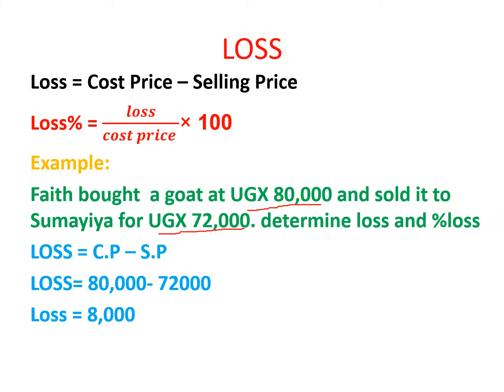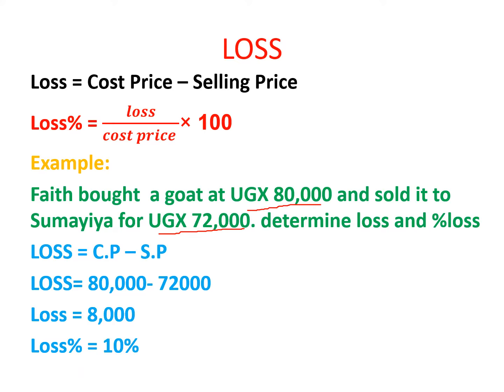So when I substitute into my formula, CP is the cost price, SP is the selling price. So we get a difference of 8,000 as the loss.